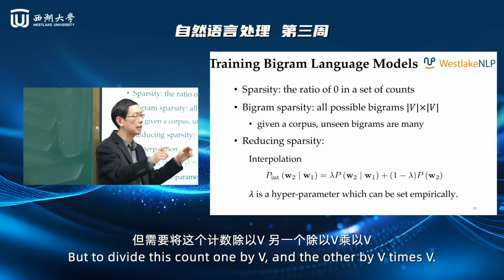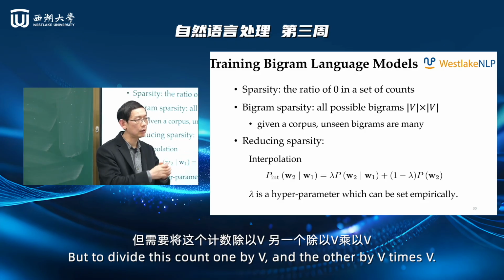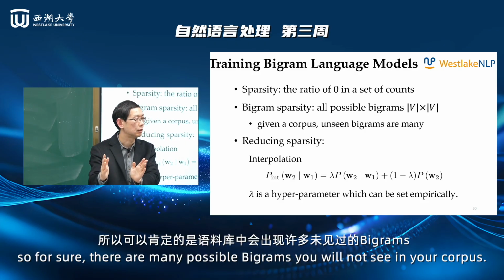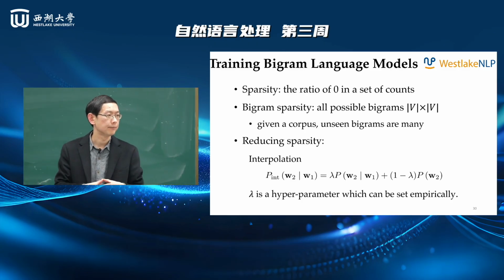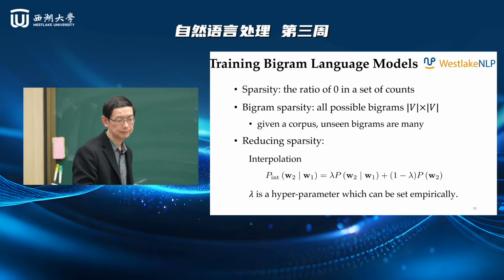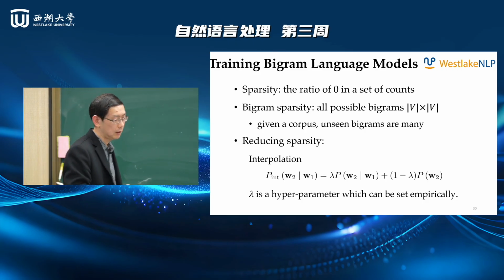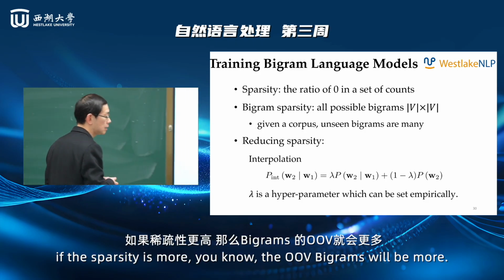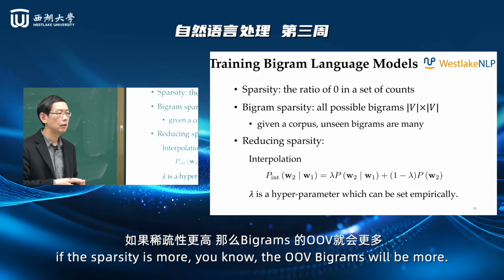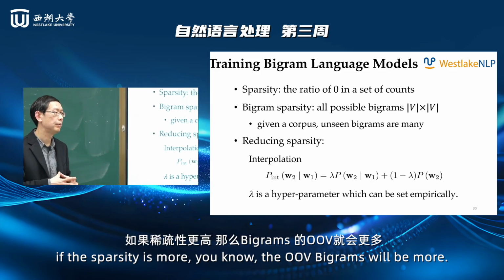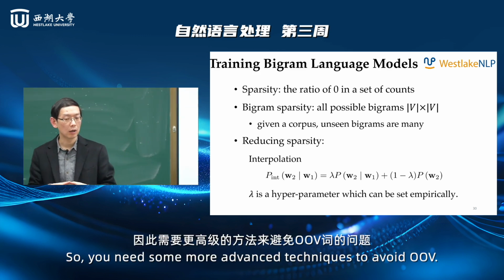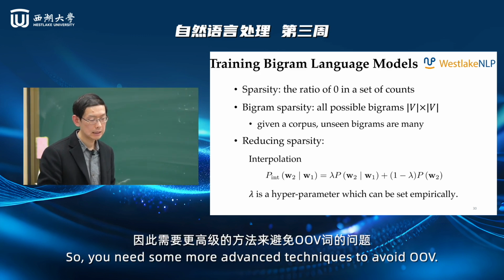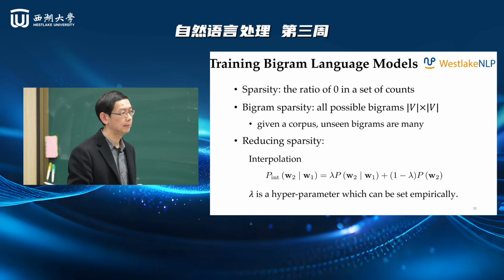But you divide this count, one by V, the other by V times V. So for sure, there are many possible bigrams you will not see in your corpus. So bigrams are more sparse. If the sparsity is more, the OOV bigrams will be more, right? So you need some more advanced techniques to avoid OOV.